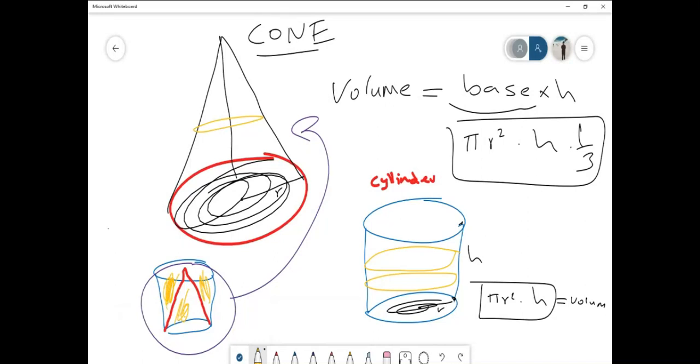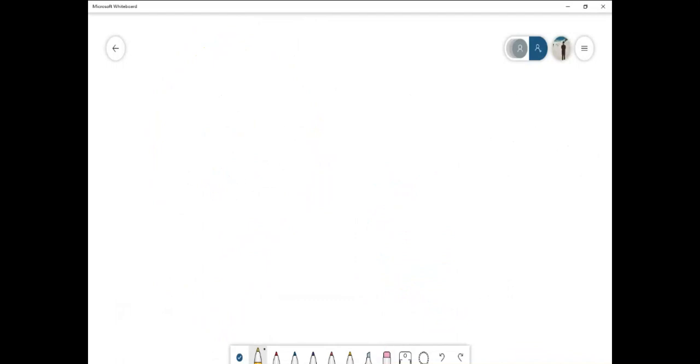So when you cut it like this, you are dividing the cylinder into 3 parts. So this cone is 1/3 of this cylinder. 1/3 is here and 1/3 is here. Any questions? No. Okay, and we are done with cone.